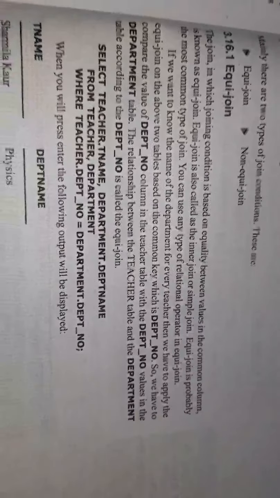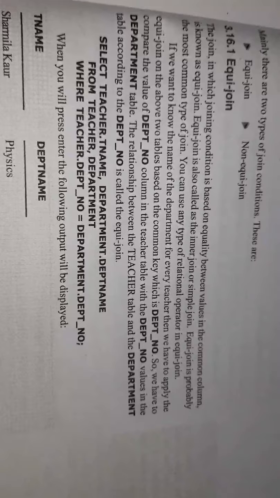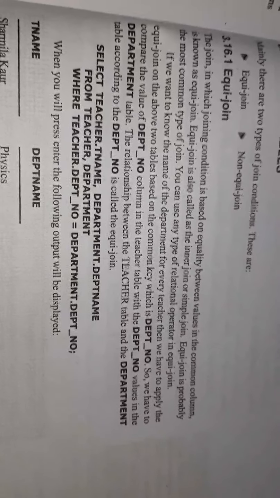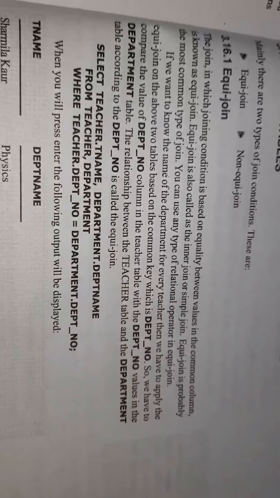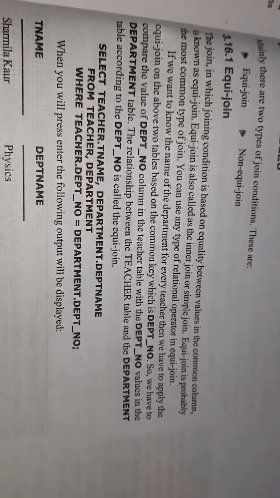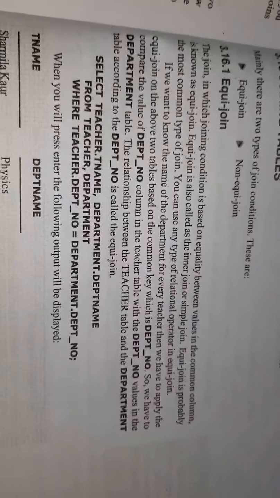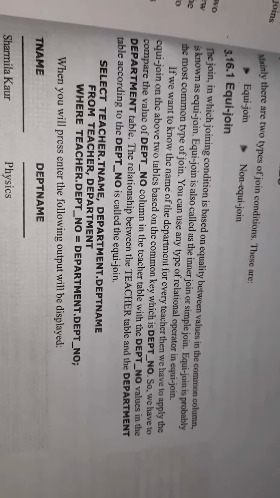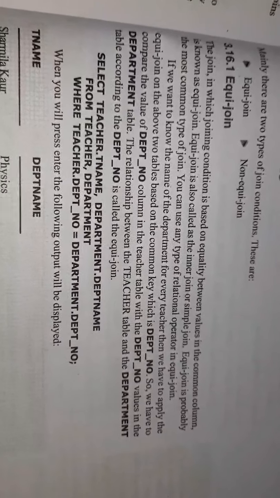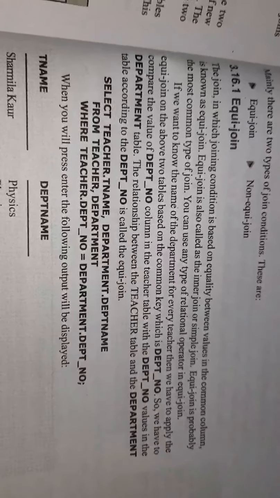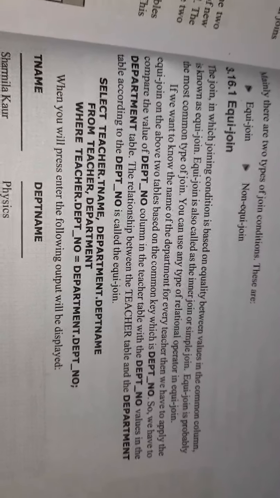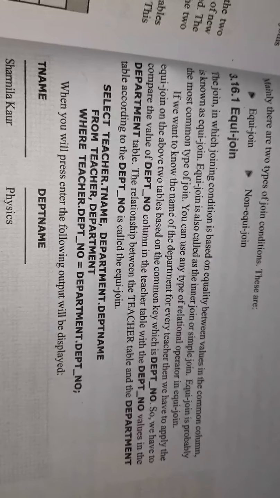So in this query you can see: select teacher dot teacher name comma department dot department name from teacher comma department. I think till that link you have already seen. Where teacher dot department number equals department dot department number. As you can see, the teacher table has a department number, and the department table also has a department number.